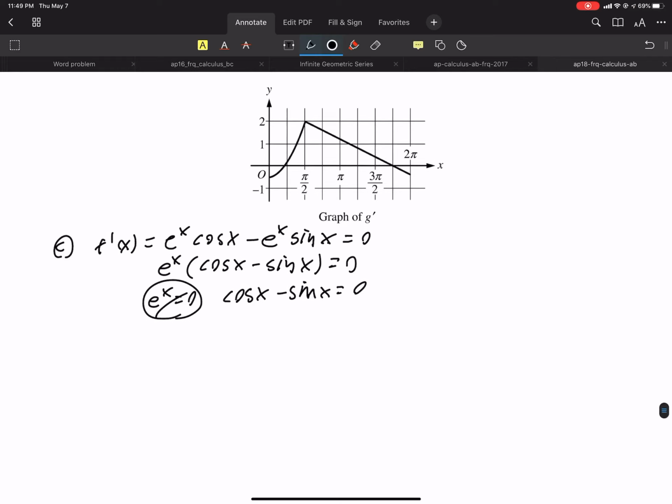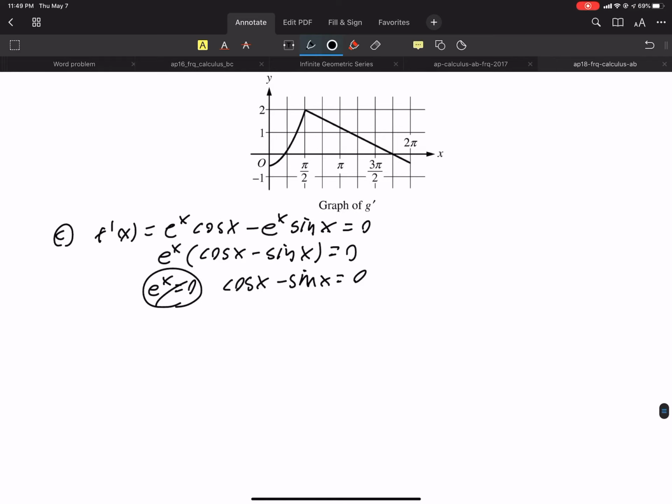Well, couple ways to do this. You can just figure in your head, when are the cosine and sine equal? And that's going to be at pi over 4 reference angle in the first quadrant and in the third quadrant. So you can get pi over 4 and 5 pi over 4. Or you could do this maneuver. Add sine x to both sides.